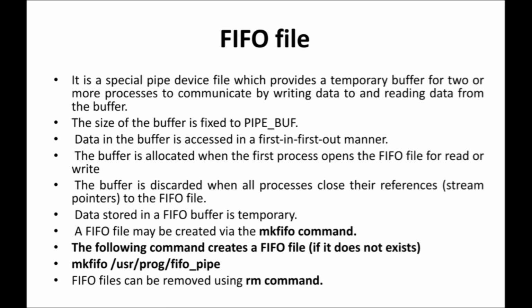Here the FIFO file acts as an intermediate buffer. Hope you are understanding, guys. So two processes want to communicate: one process is going to write to the FIFO, another process is going to read from the FIFO. The same information process 2 can read from the FIFO. So FIFO acts as an intermediate file.